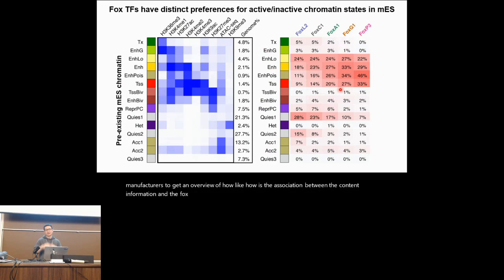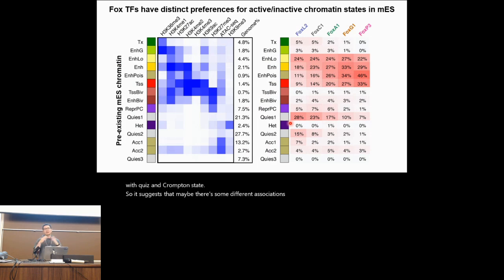We can tell, even from the overlap percentage, there's a huge difference. FOXG1 and FOXP3 overlap with the active chromatin states a lot. Surprisingly, FOXA1 is kind of in the middle among these 5 Fox family factors, although it's a pioneer factor. And FOXL2 and FOXC1 are more associated with the quiescent chromatin state. So it suggests there may be some different association there.